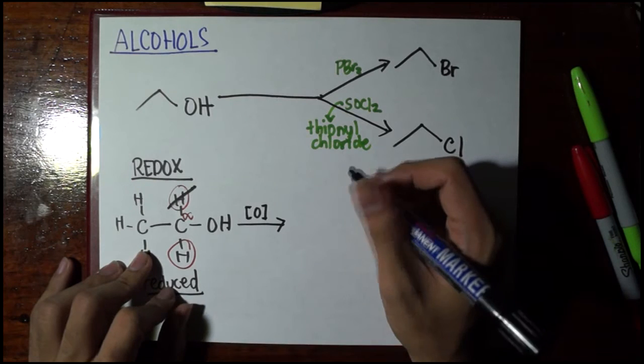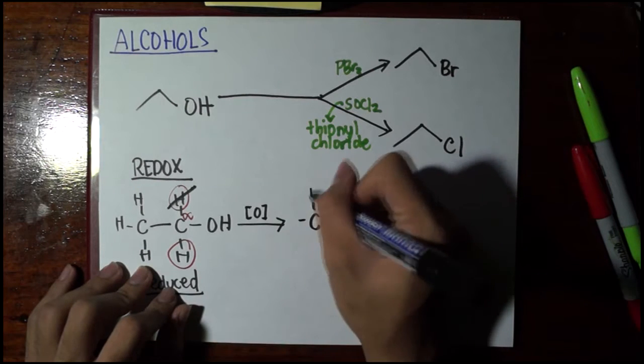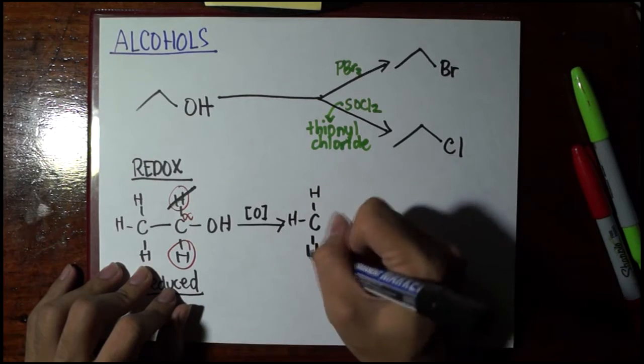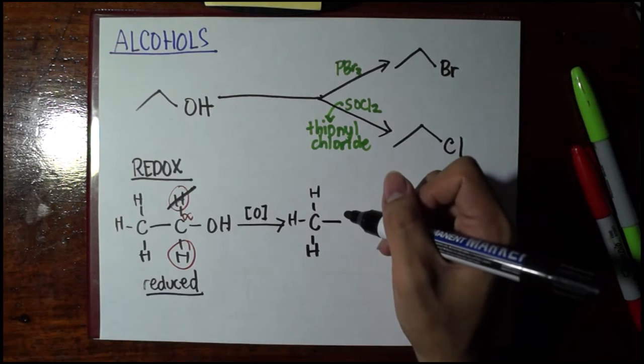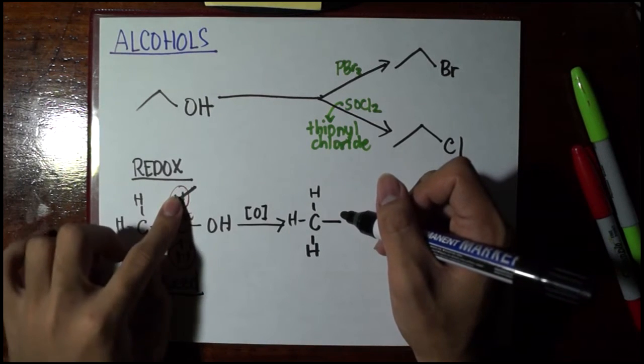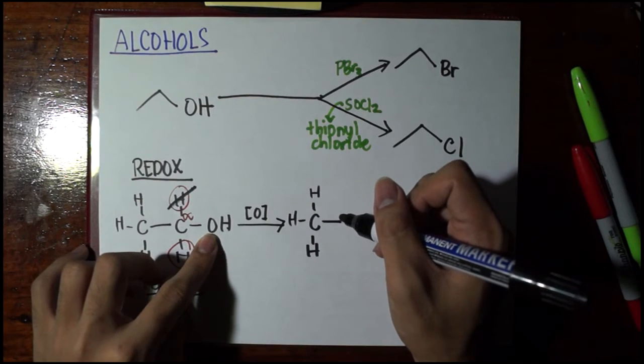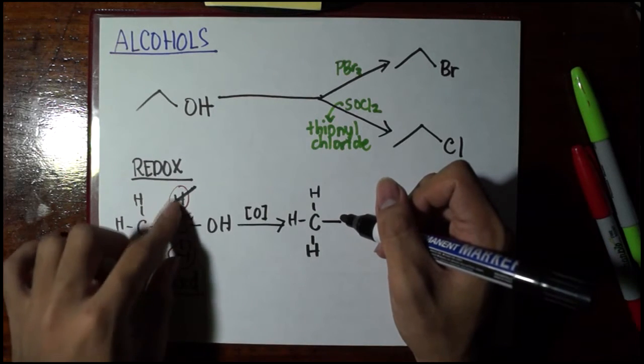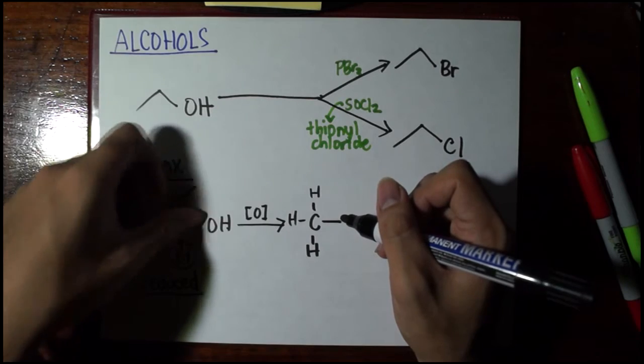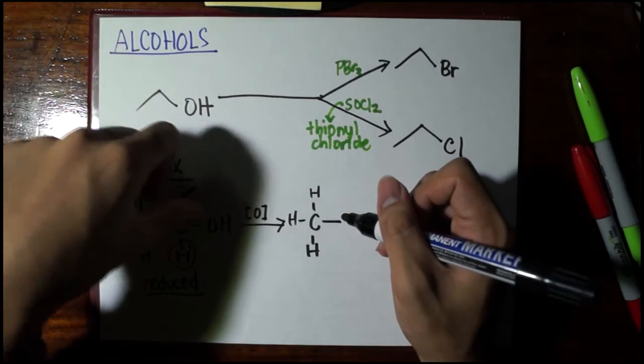Just like in strong oxidation, if we have a hydrogen here and an oxygen bonded here, the oxygen could take away this bond in order to form two bonds to itself.